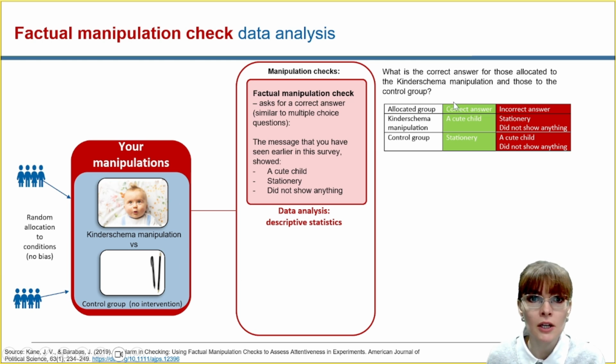Here on the screen for this type of question, you would expect that if people paid attention and they were reading questions and they were actually observing what was on the screen for them, they would pick acute child answer if they were allocated to kinder scheme manipulation, and then they would select stationary if they were allocated to the control group. Stationary and did not show anything will be deemed as incorrect answers for kinder schema group, and the cute child and did not show anything would be deemed as incorrect answers for the control group.